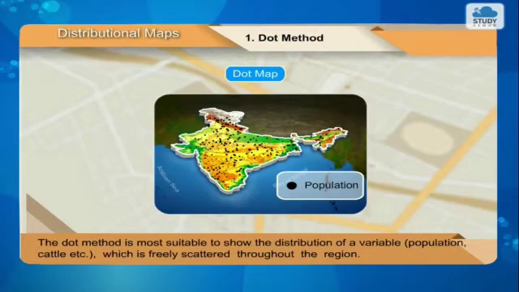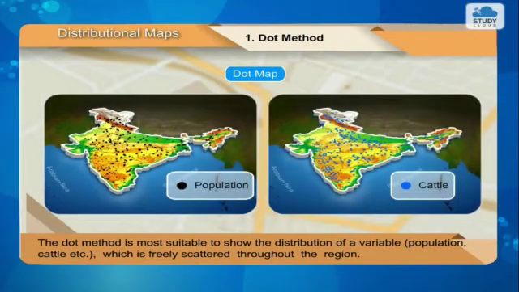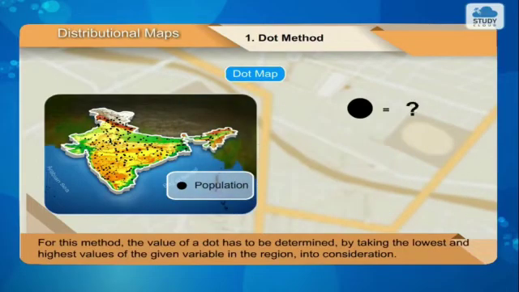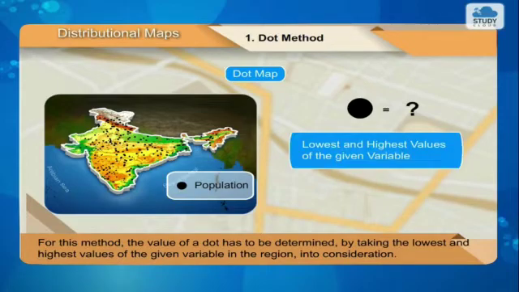The dot method is most suitable to show the distribution of a variable, population, cattle, etc., which is freely scattered throughout the region. For this method, the value of a dot has to be determined by taking the lowest and highest values of the given variable in the region into consideration.